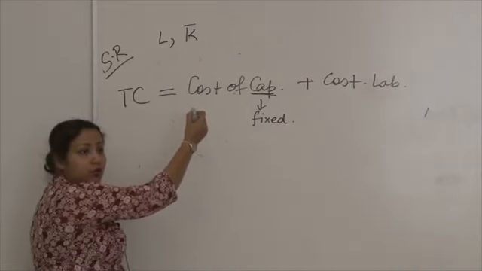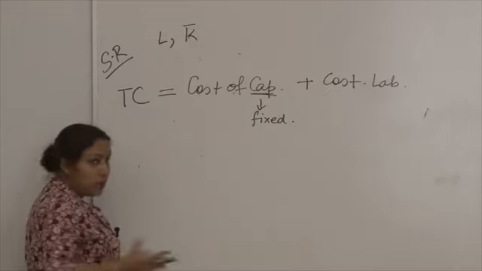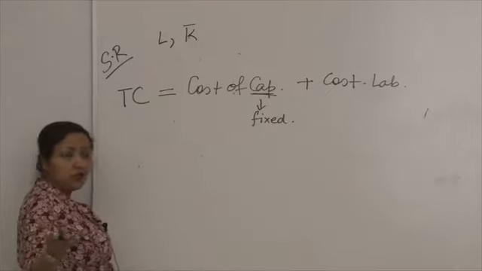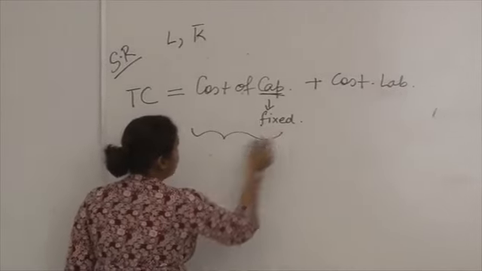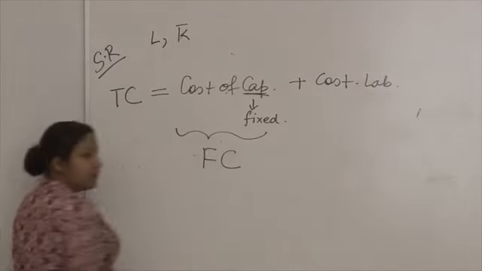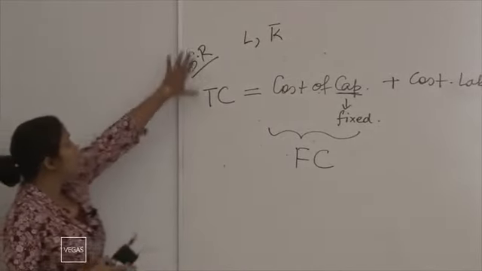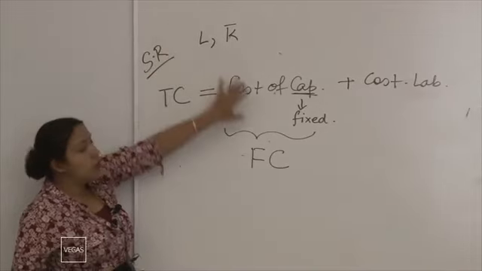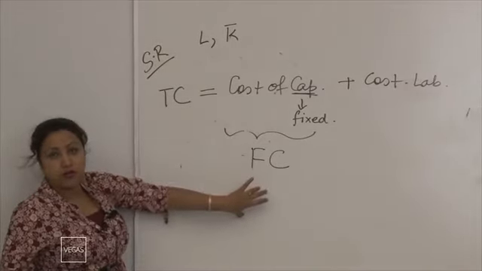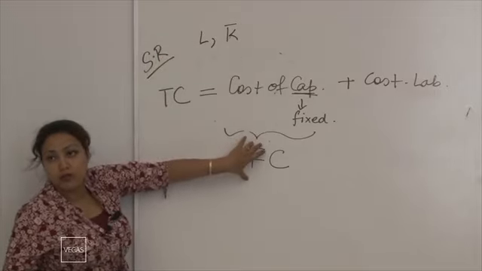If I am using 5 units of capital, I am spending on those 5 units no matter what. So that expenditure is not changing over time. So this part we call the fixed cost, FC. Given that capital is the fixed input, the cost of capital is the fixed cost.